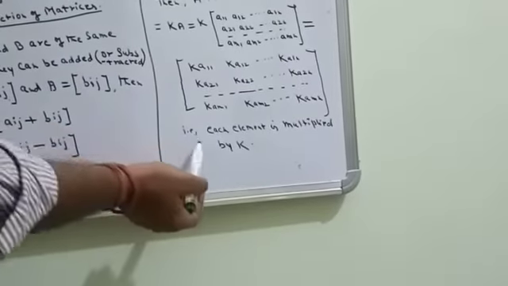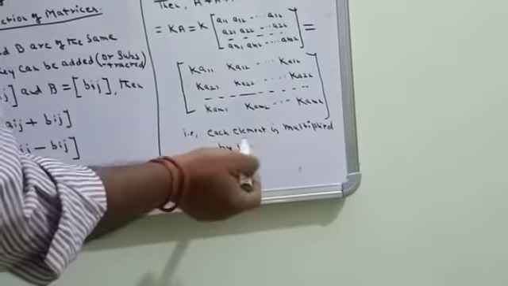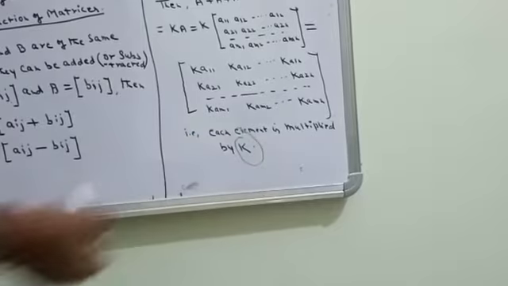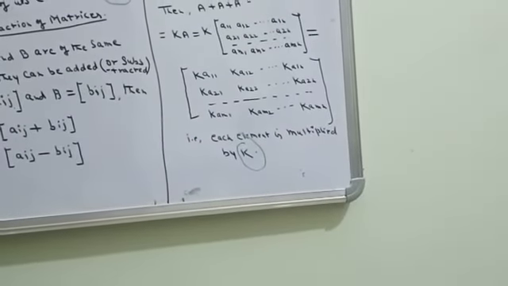That is, each element is multiplied by K here. That's all.